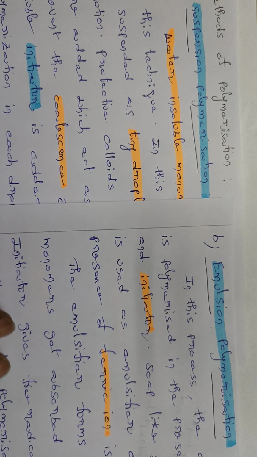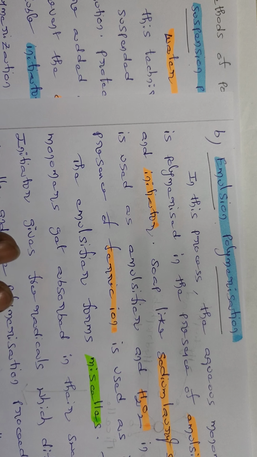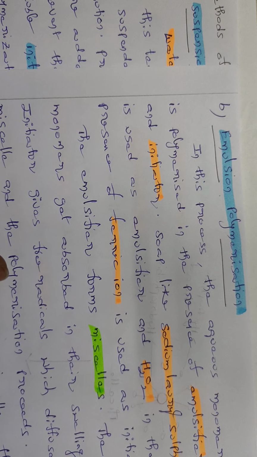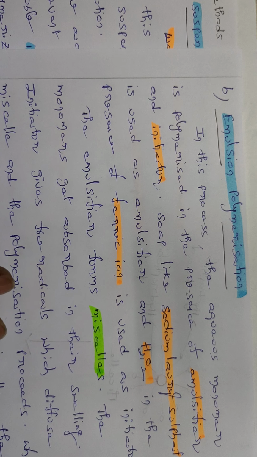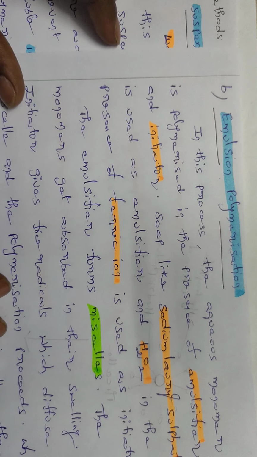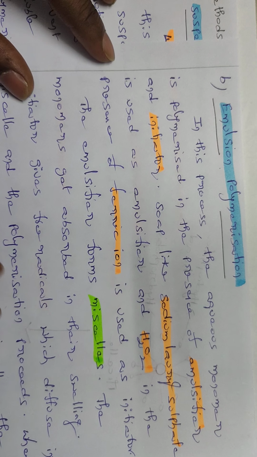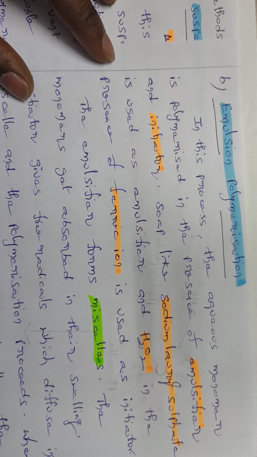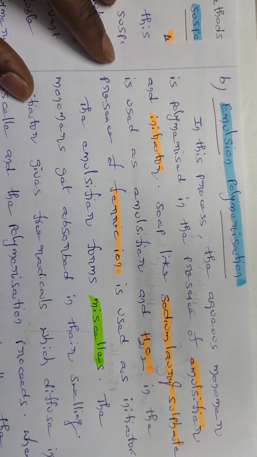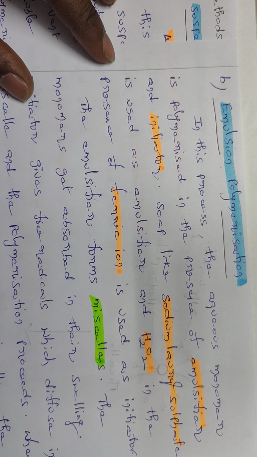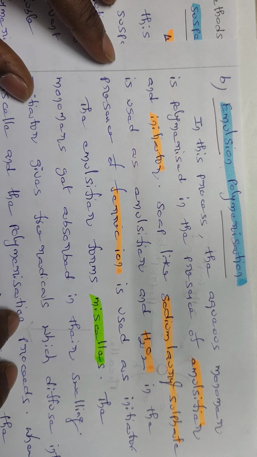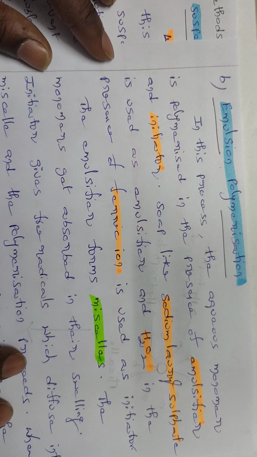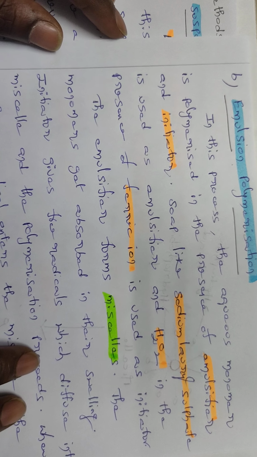In the case of emulsion polymerization, water soluble monomers can be polymerized. Here we should choose emulsifier and initiator. Emulsifier forms micelles, and then the monomers get absorbed in them, swelling them, so we should add initiator also. Here the initiator is H2O2 in the presence of ferric ion.